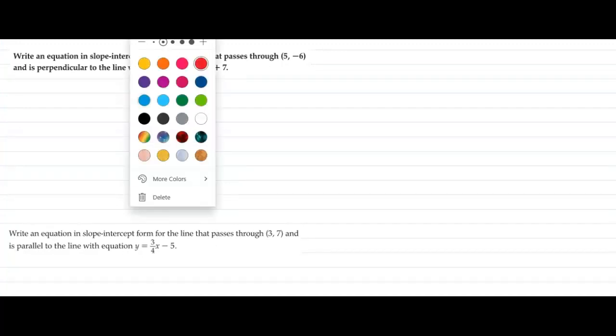This is important information because sometimes you're going to be given problems like this where they ask you to write an equation of a line in slope-intercept form that goes through this point, and we want it to be perpendicular to this line. So let's start off with what the problem says, slope-intercept form. I know that that form is y equals mx plus b.